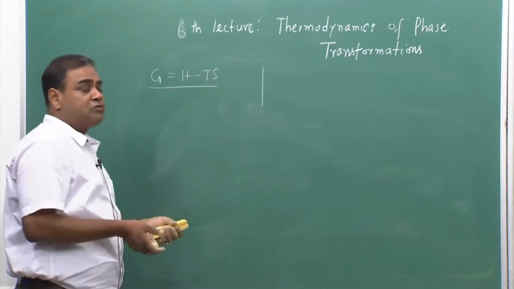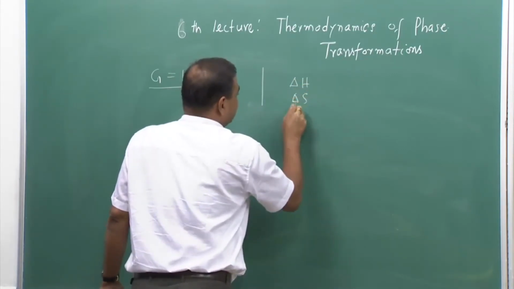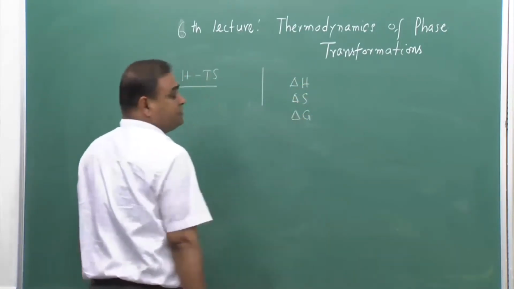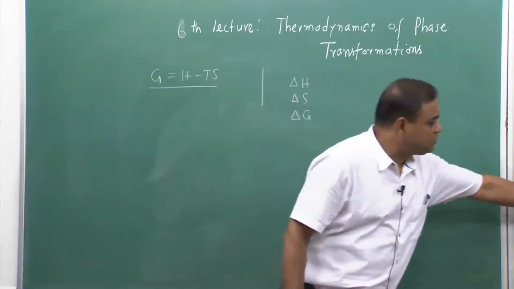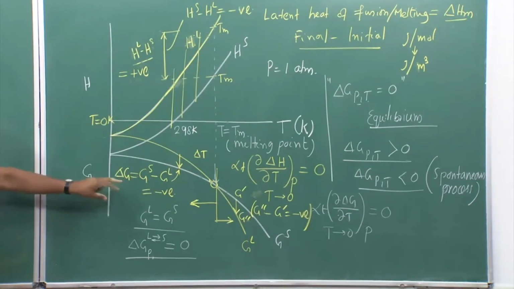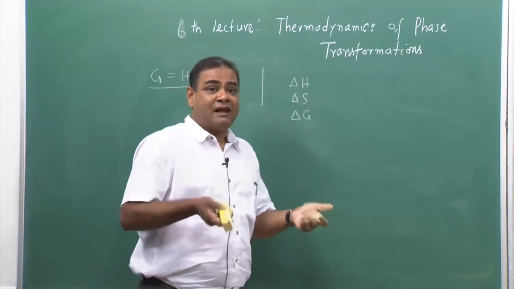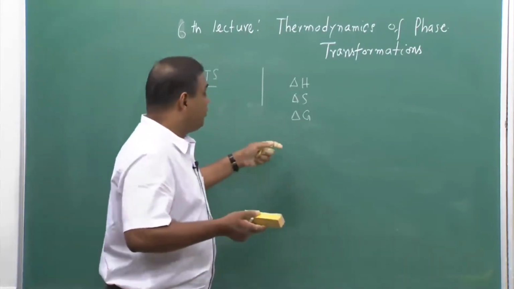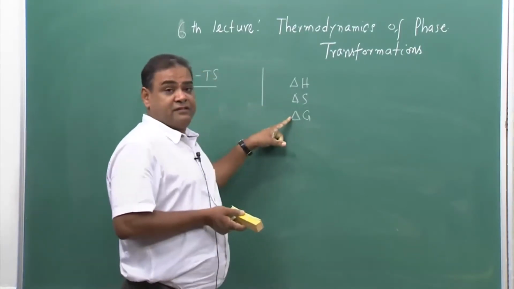So, we find out changes in values, either del H, del S or del G. And we are not bothered about finding G S or G L; we are bothered about finding del G. Now, why would this del G be required? First, we should understand why it should be required, then we should crack our mind to see how we can quantify this.